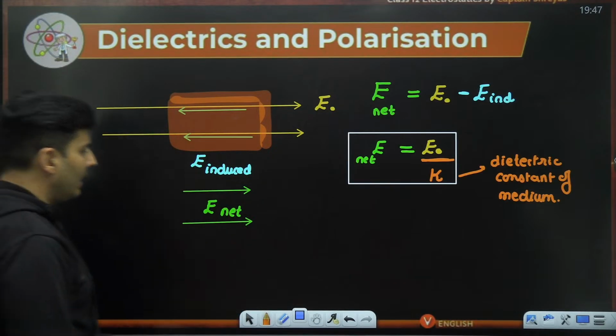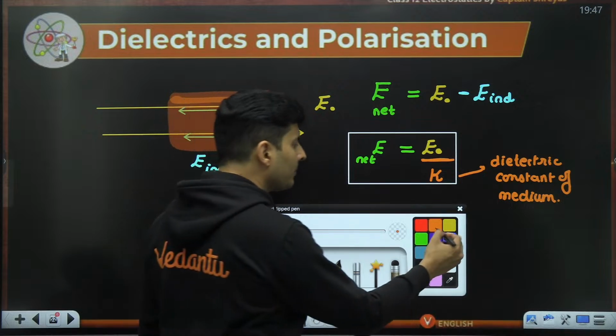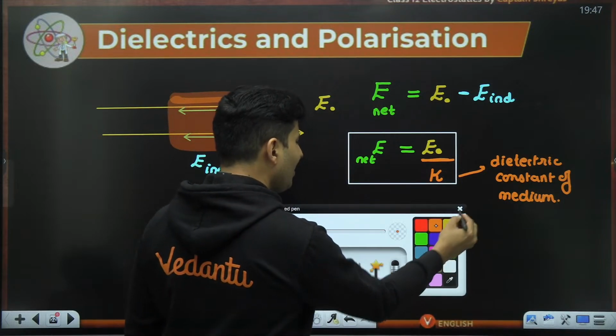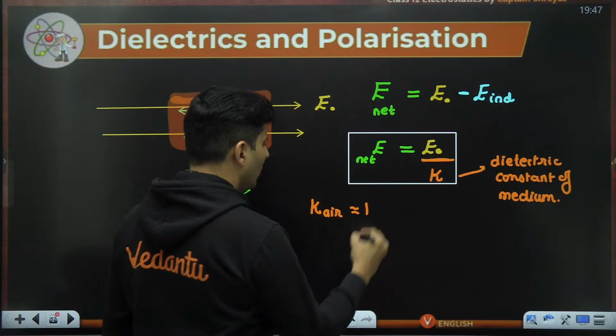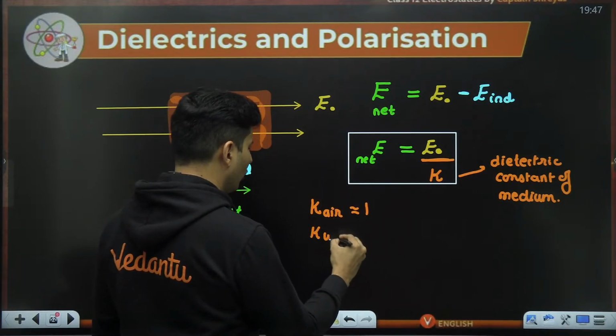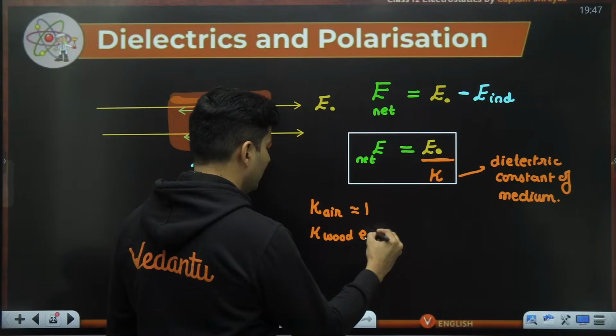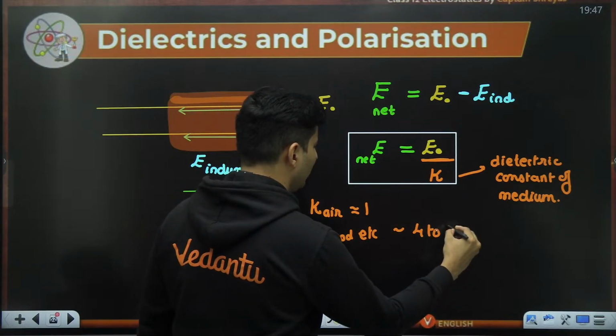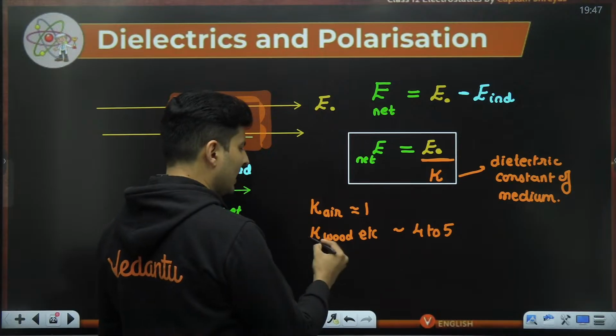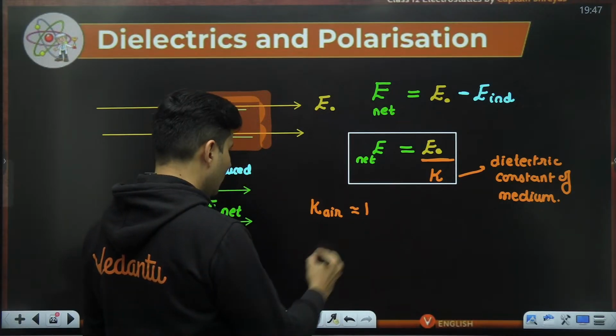Now, this dielectric constant depends on the medium. For example, for air, K is roughly almost 1. K for wood, etc., is typically in the range of 4 to 5. I don't know the exact values, but I'm just telling you.